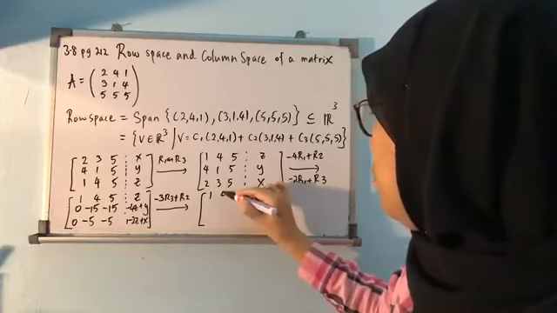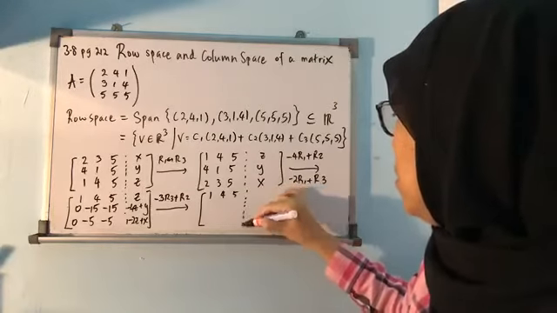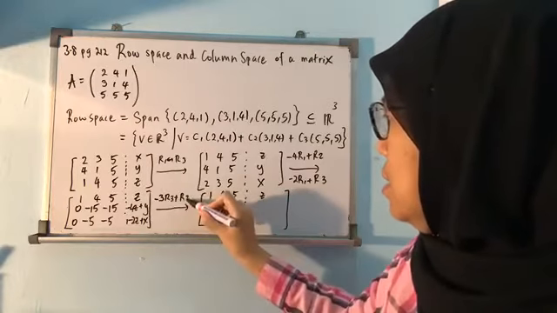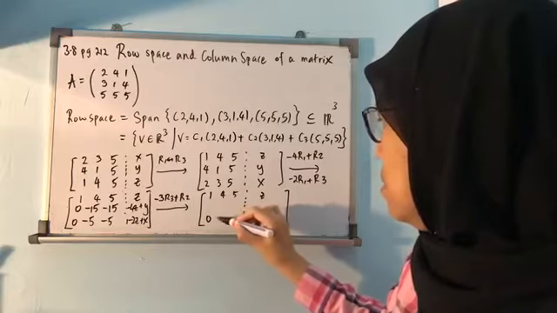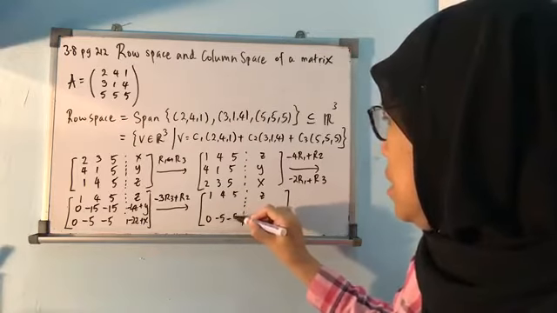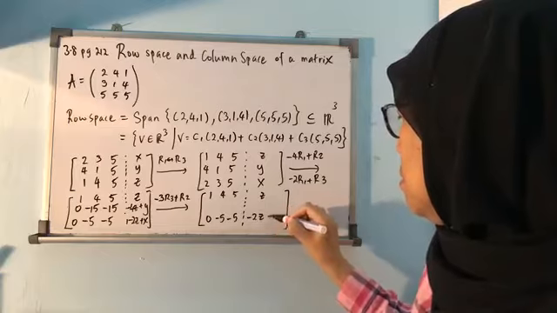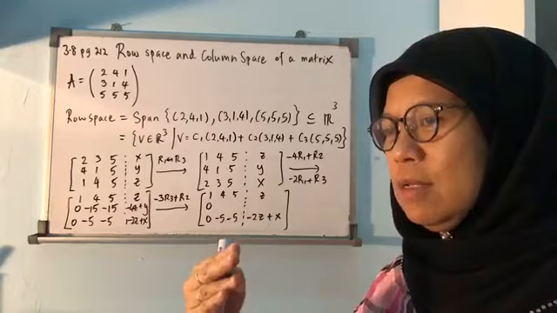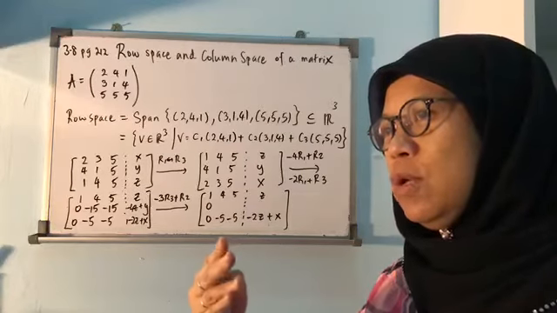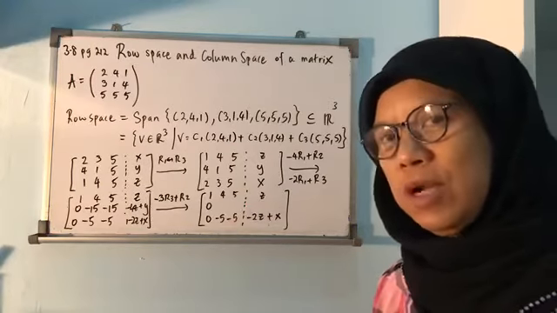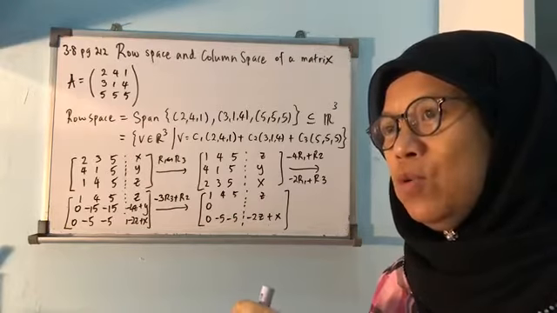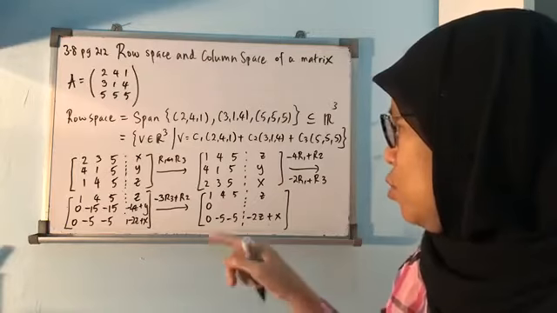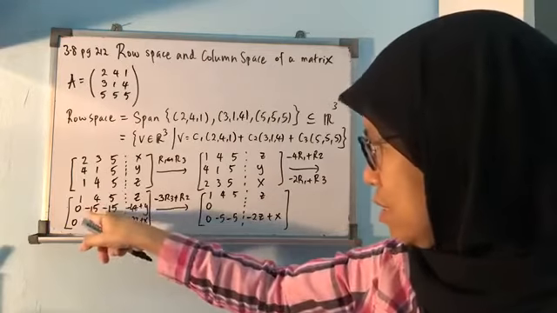Okay, 1, 4, 5, Z. Okay, I change R2, yeah? So I don't change this yet. Normally you do it on the row below, right? Then you're asking me, why do I do the row on the top? Because why don't I make this 1 first?